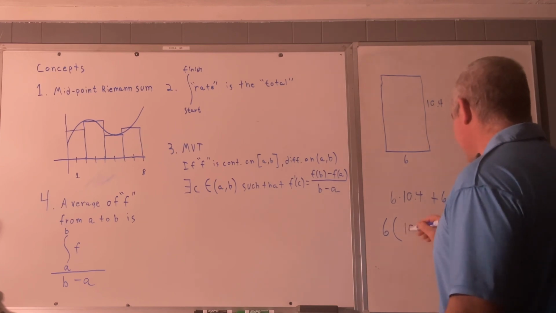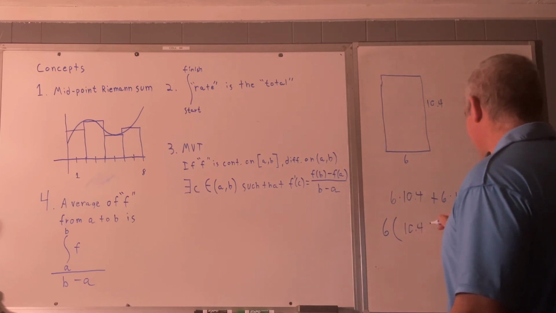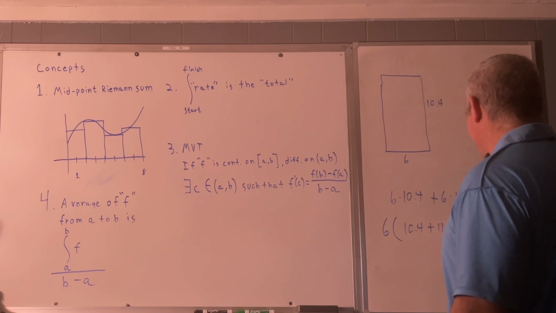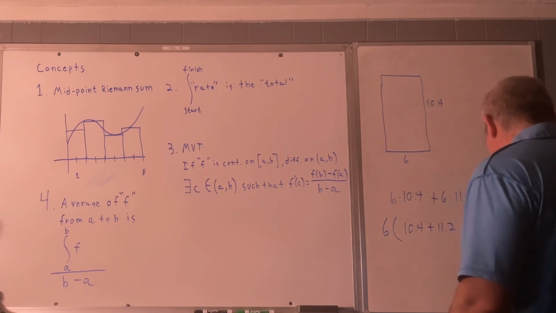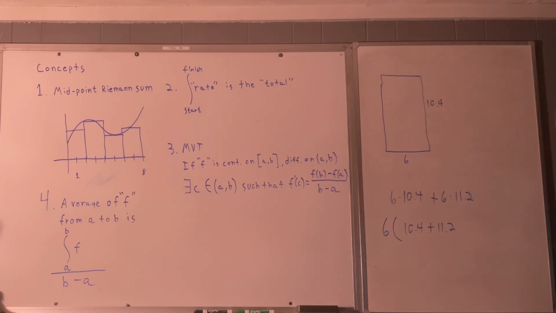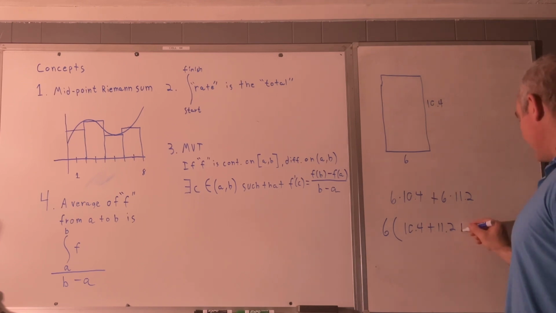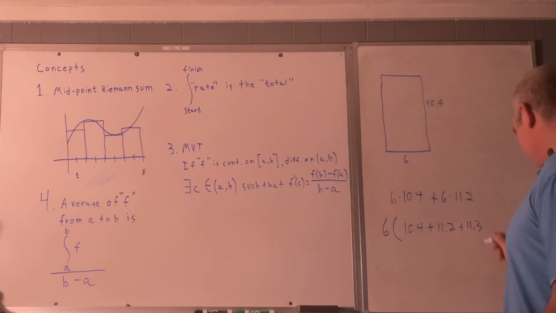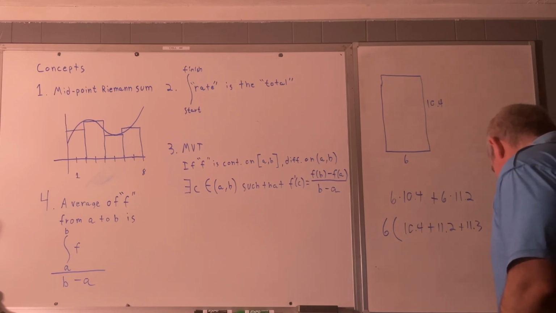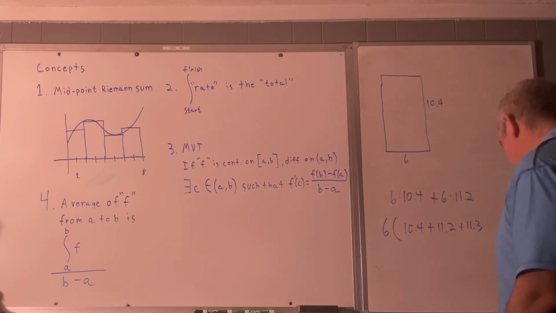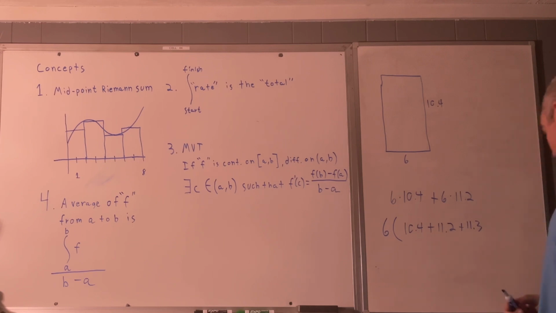The first value is 10.4. Our second one is 11.2. Our third one, which corresponds to the midpoint between 12 and 18, which is 15, is 11.3. Let me double check this. Yeah, 10.4. And then our fourth one is the midpoint between 18 and 24, which is 21, and that value is 10.2.